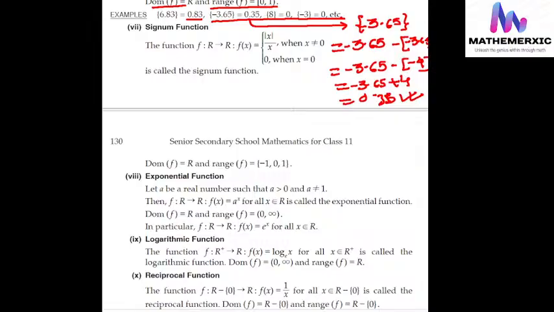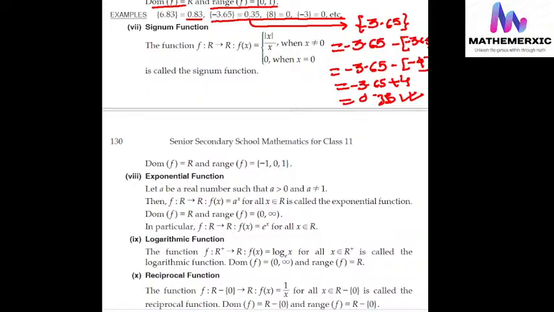The domain of f is R, and the range of f is in the bracket: negative 1, 0, 1.